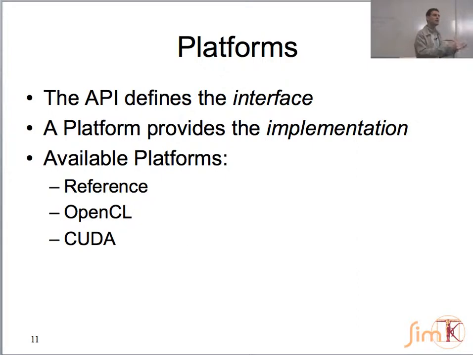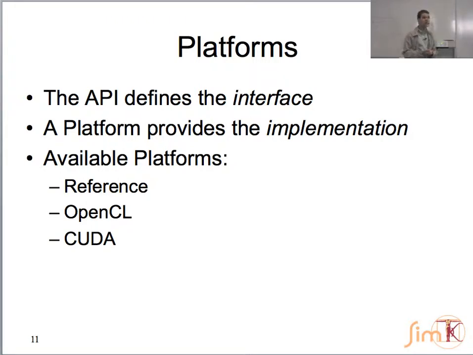Also, it's something we can compare to make sure that the other platforms are giving identical results to the reference platform. And in fact, we very intentionally have not made any optimization in the reference platform that would reduce the simplicity or the readability of the code. So it's really slow, but it's supposed to be. It's not there for production use. It's there to show how the code is supposed to work.